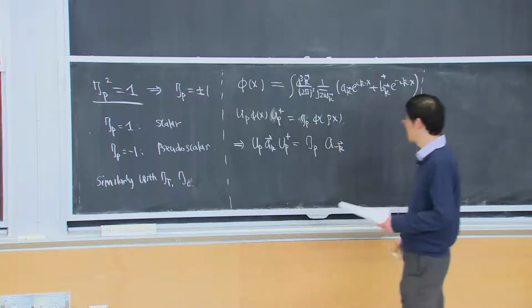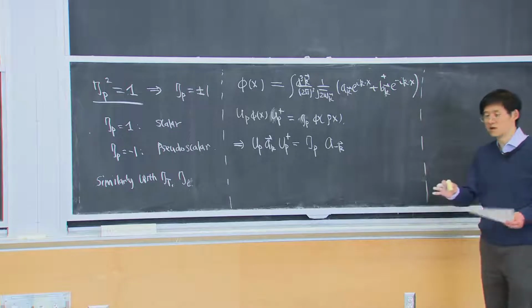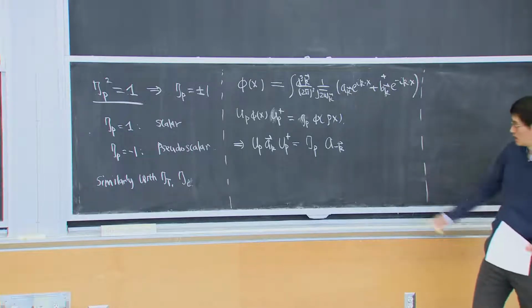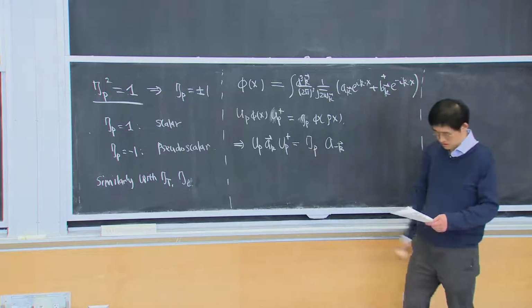This makes complete sense because we interpret k as momentum. Under reflection of a spatial direction, your momentum also changes direction, so it takes A_k to A_{-k}.